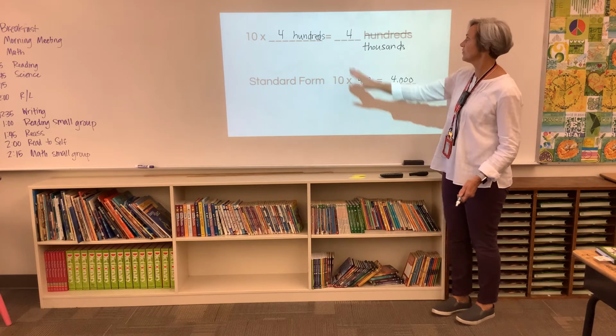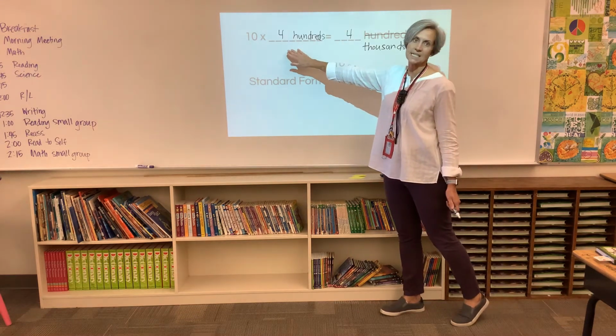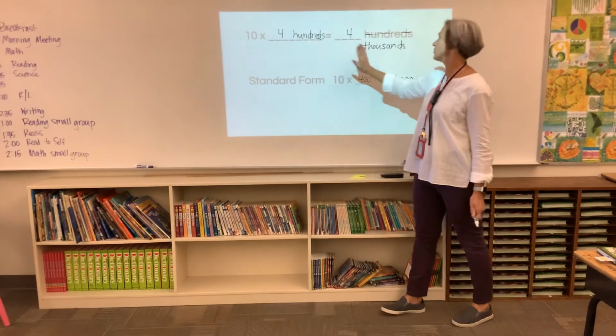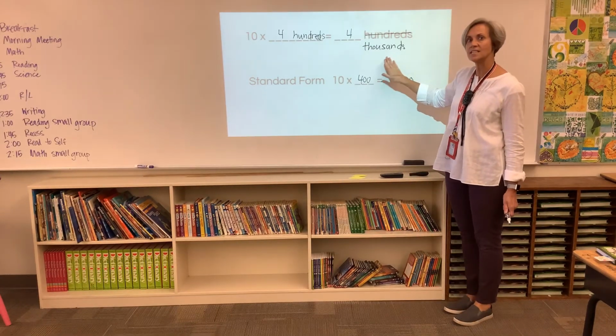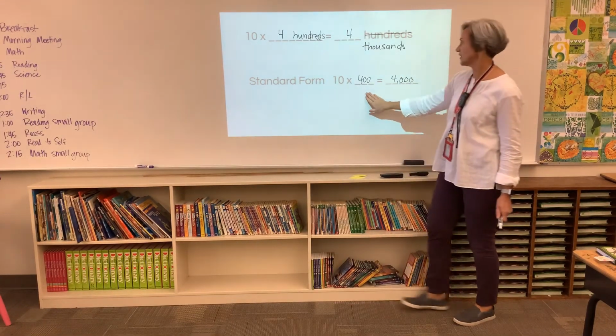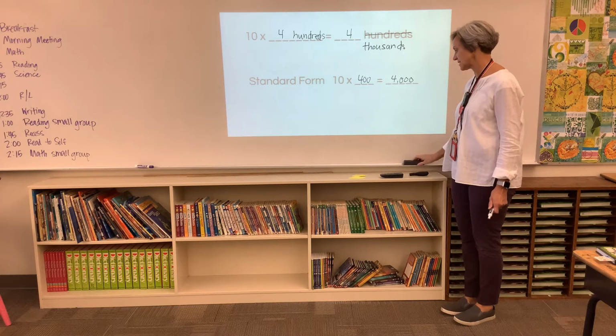Unit form: 10 times 400s equals 4,000. Standard form, 10 times 400 equals 4,000.